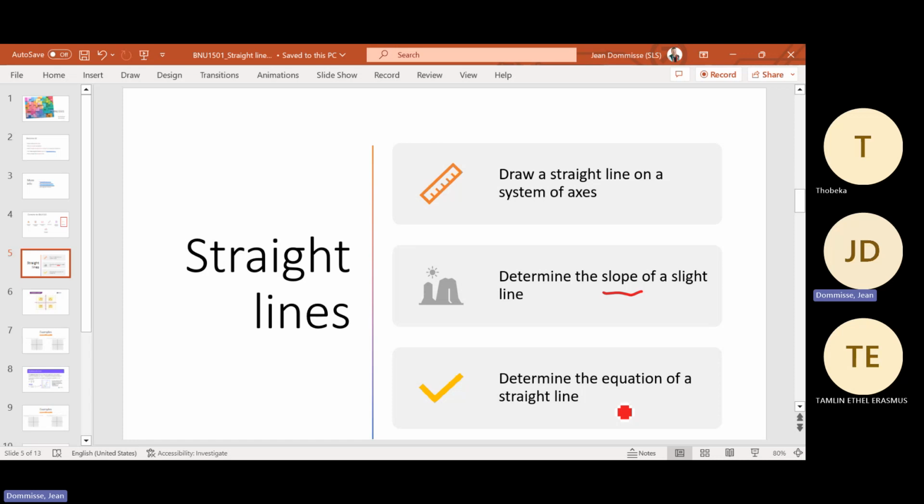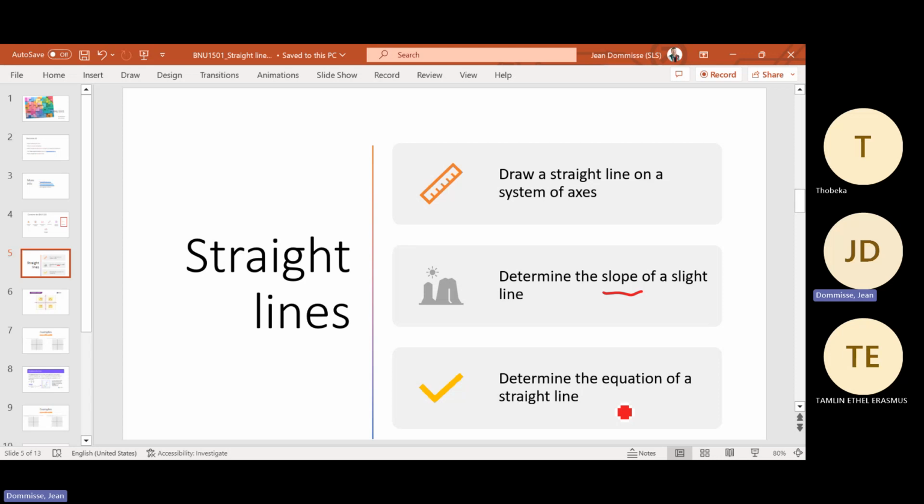If they give you 2 points that are on this line, we will calculate the straight line. If they give you something on an axis, we will show you how to determine that straight line, because that is the importance of this chapter: that you will be able to identify from a few options which one is the correct straight line.